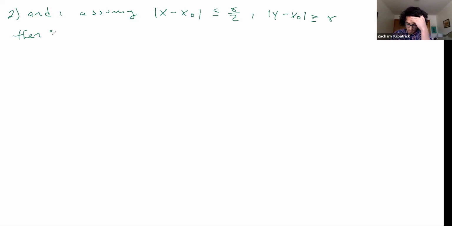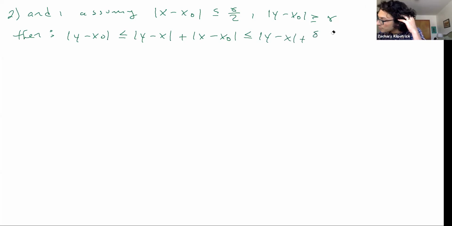I can write y minus x0 is bounded from above by y minus x plus x minus x0, okay? This is bounded from above by y minus x plus gamma over 2.